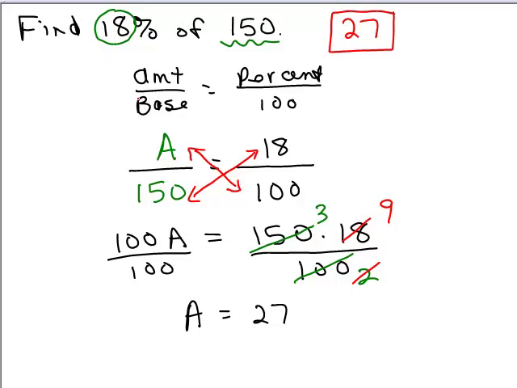All right, so I did solve this using a proportion, but remember, you could just say find 18% of 150. Another way of doing that is simply doing 18%, remember, times 150. That's a totally different way of solving this problem. If you want to know the answer here, you would just say, oh, it's 18% of 150.